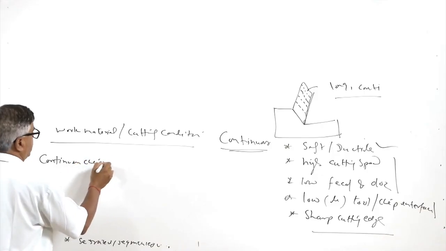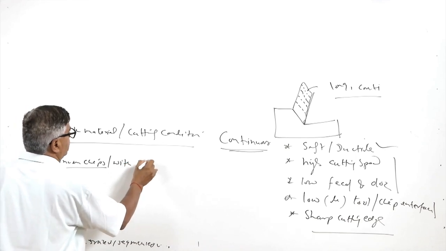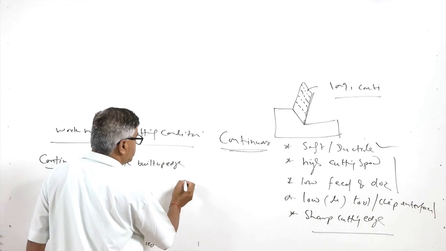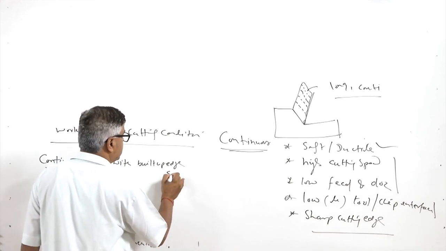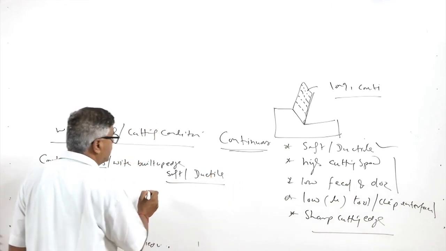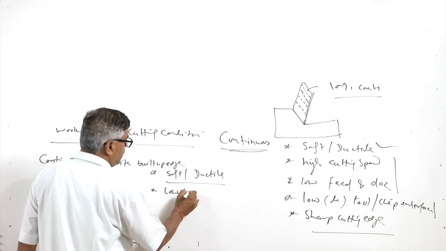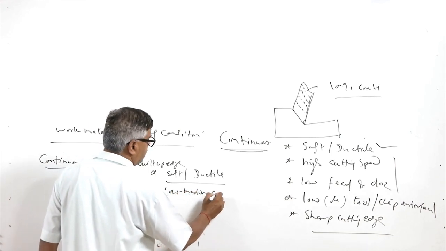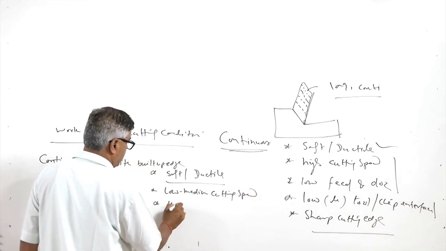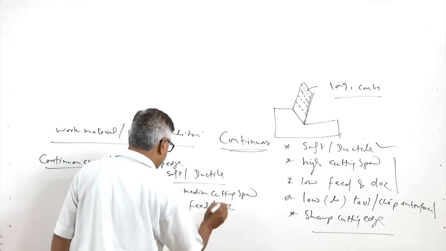The chips are continuous, but with the built up edge. This kind of chip is formed again when the material is soft and ductile, but the cutting conditions are unfavorable, such as low to medium cutting speed, and high feed and depth of cut are used.